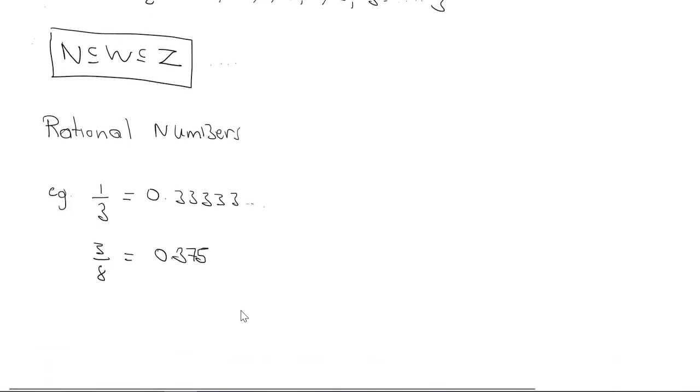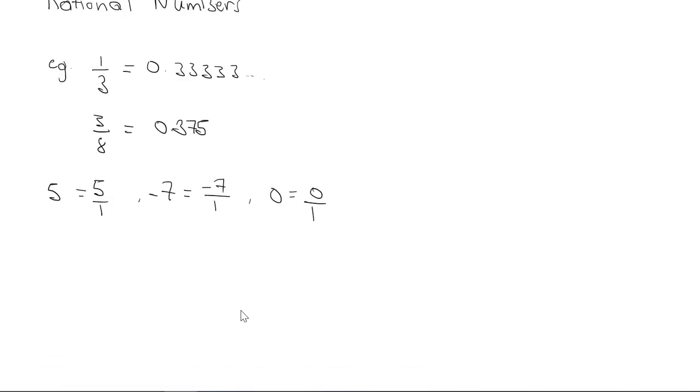We should also note that the set of integers can be written as ratios with denominator 1. Example, 5 is equal to 5 over 1, minus 7 is equal to minus 7 over 1, 0 is equal to 0 over 1. We normally denote the set of rational numbers using the letter Q, that's uppercase.